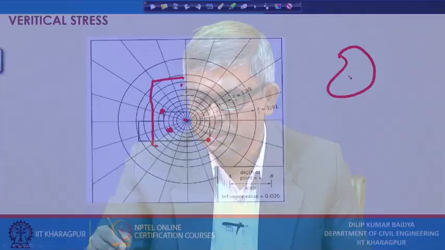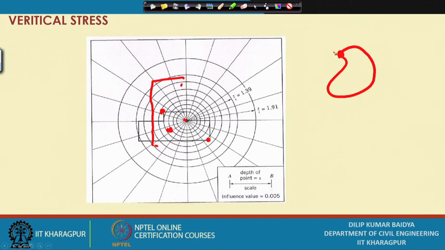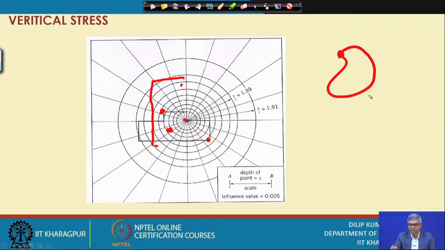Instead, if I want to find out the pressure at this point, I will draw this bounded area to a particular scale, shift it here, keep this point here, and count the number of blocks covered. Then I get sigma z equal to q times the number of blocks covered multiplied by the influence value, which is the pressure at a particular depth. So this is about an influence chart.